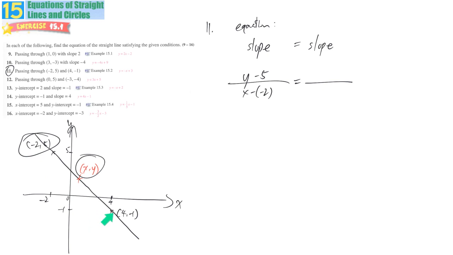The y difference is negative 1 minus 5, and the horizontal distance is 4 minus negative 2. So we get negative 6 over 6 here, which means negative 1, which is consistent with our estimation in the beginning that it should be a negative slope.